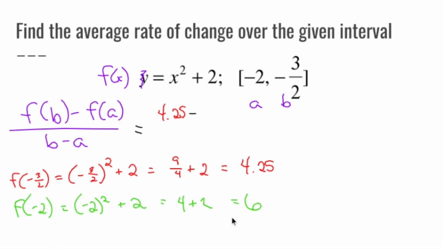F of negative 2 is 6. So 4.25 minus 6, all these colors, over b minus a is going to be negative 3 over 2 minus 2. So I'll just write that down in black. Negative 3 over 2 minus negative 2.